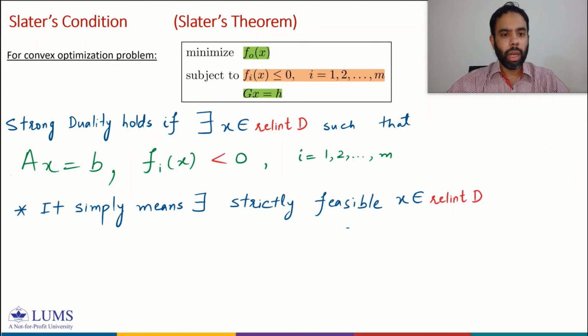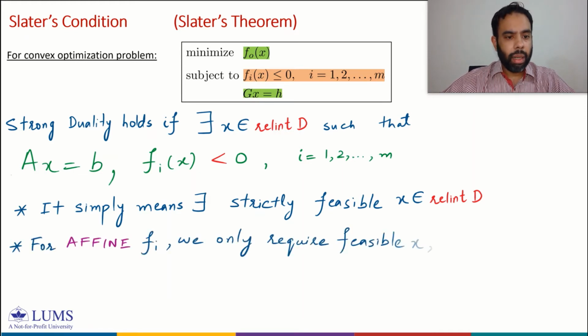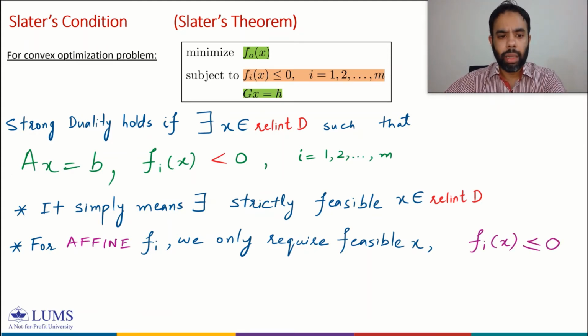When inequality constraint functions are affine, we can further refine Slater's condition. It simply says that for an affine Fi, meaning the inequality constraint function is affine, we only require a feasible X. It simply means we do not require strict feasibility. We only require a feasible X. Mathematically, it says that for an affine Fi, we only require the inequality constraint function to hold.